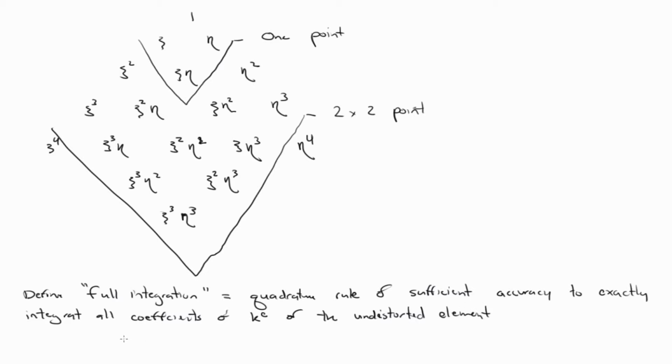Right, so our element stiffness matrix for plane elasticity would have terms of the order, for Q4, those are both squared.